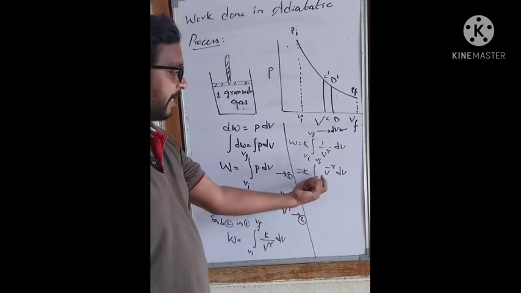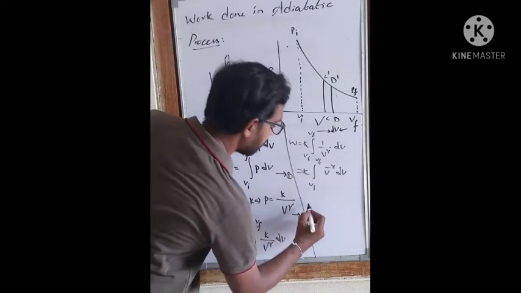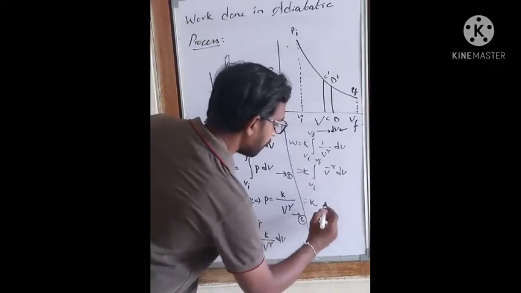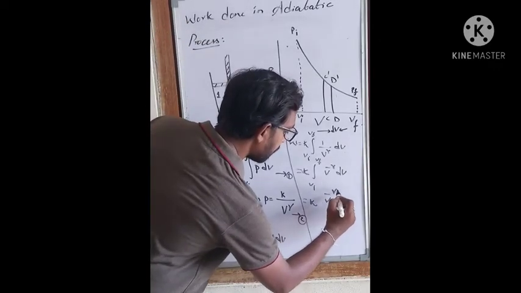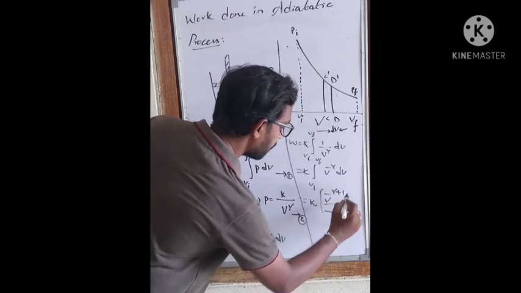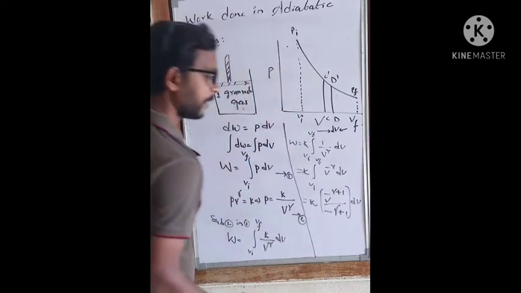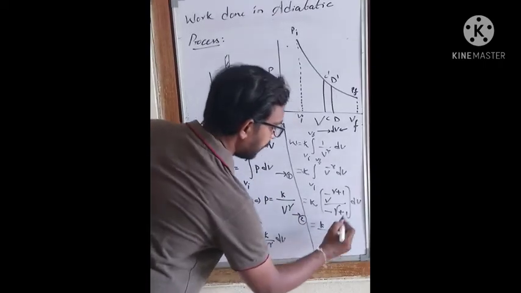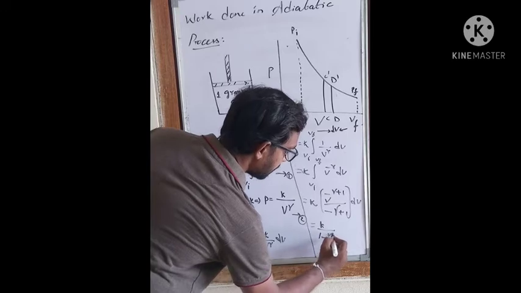Right? So integration of this term will become like this. K into the integral of this value becomes V to the power of minus gamma plus 1 by minus gamma plus 1.